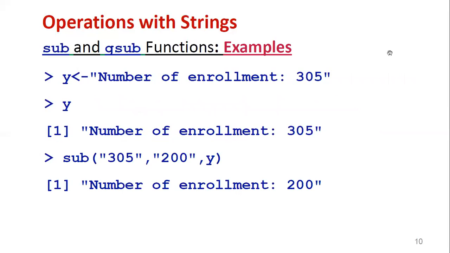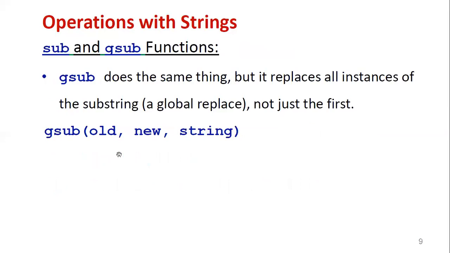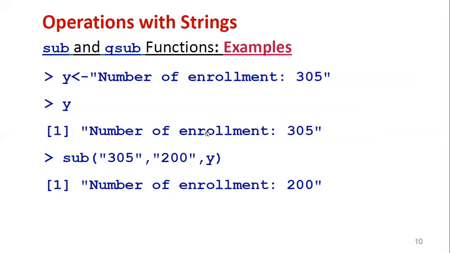Now see the examples. We'll consider the same vector y equal to number of enrollment 305. If you want to find some replacement using sub, the order you can remember: the first parameter is the old, the original one, comma, the second parameter is new, the replacement, and the third one is the string.